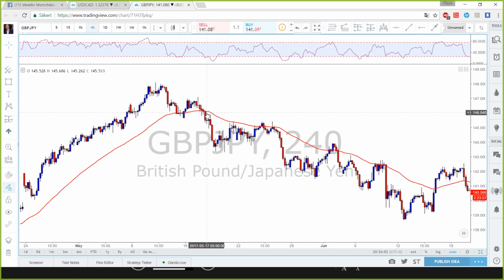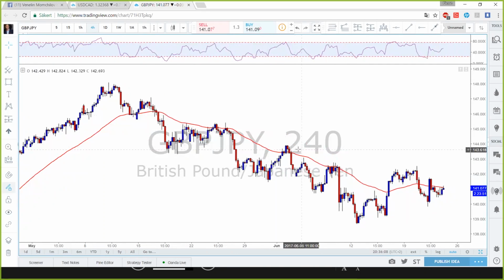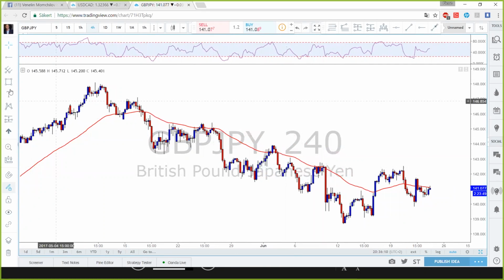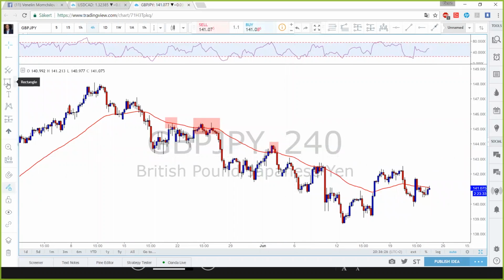Then the trend line got broken, and since then it kept being respected, as you see here, three times, acting as dynamic resistance, another fake out, and then price starts to trade below it. Here we have another test.